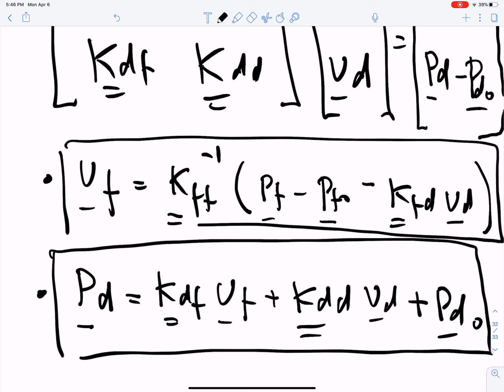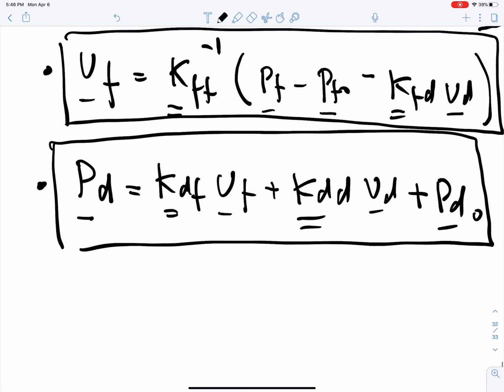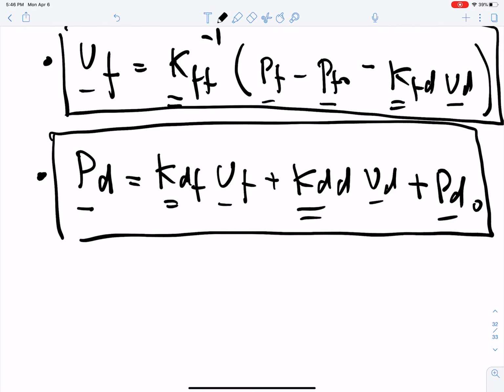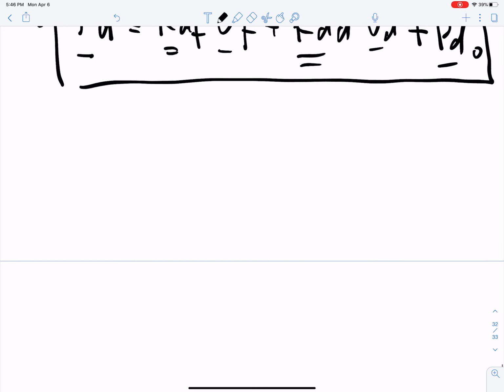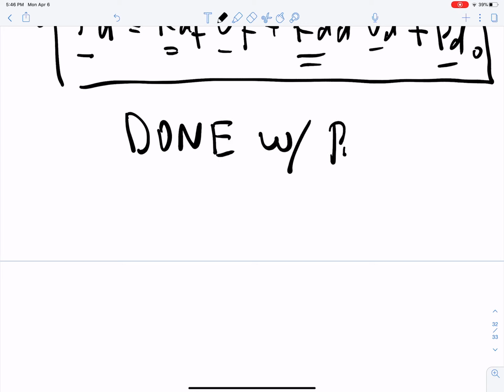And so if you implement this procedure in your code, just like you did for the truss element, you should be able to solve all the problems that I asked you to do by hand. This way you verify your code, and once you verified your code, you can move on to larger structures. Okay, and so at this point, we're done with Professor Conte's reader.